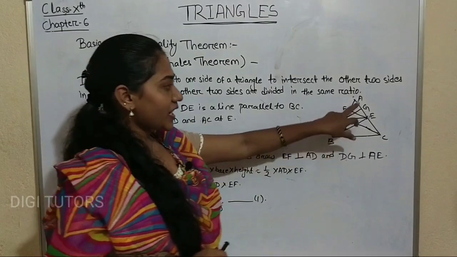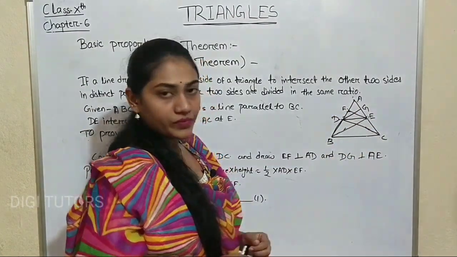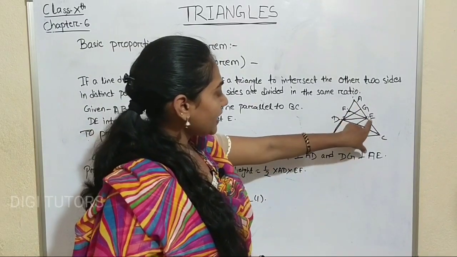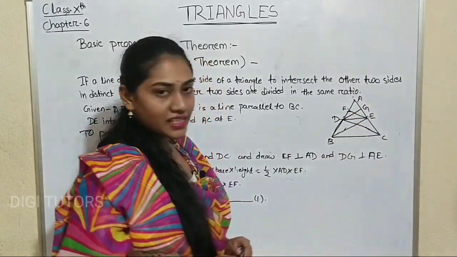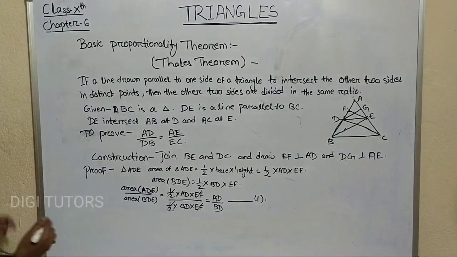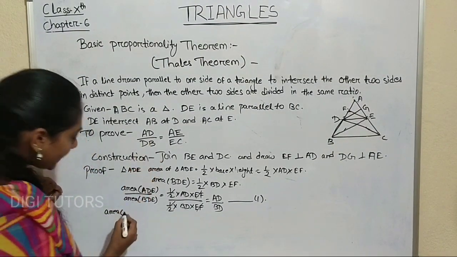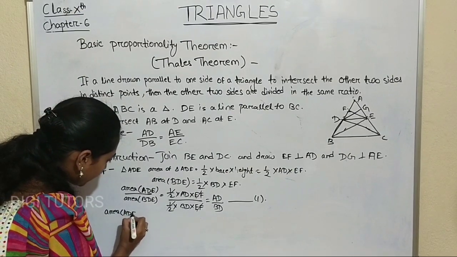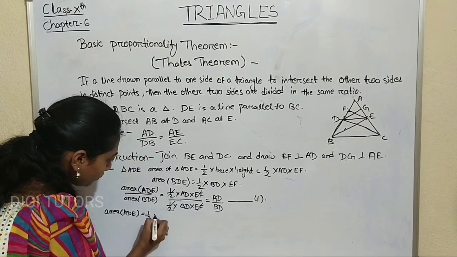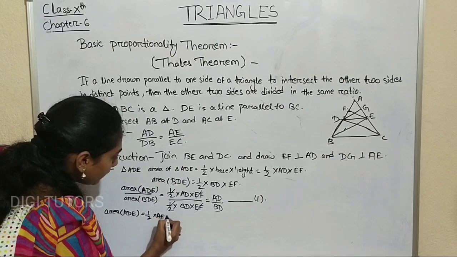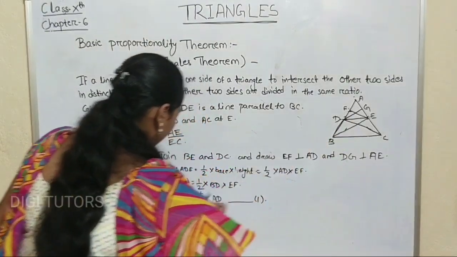Again, let's take triangle ADE. Here we can say AE is the base and DG is the height. The area of triangle ADE is half into AE into DG.